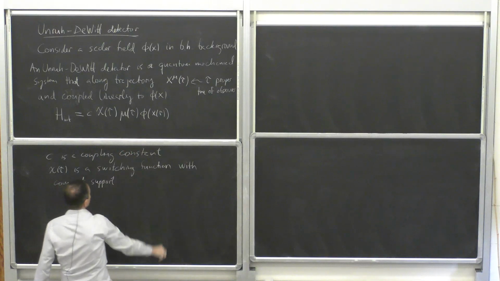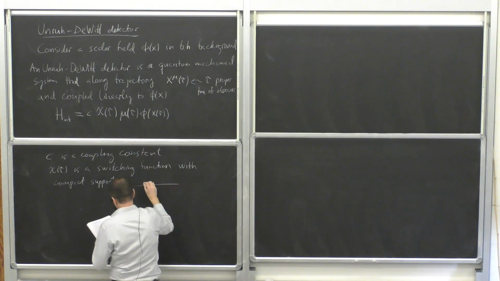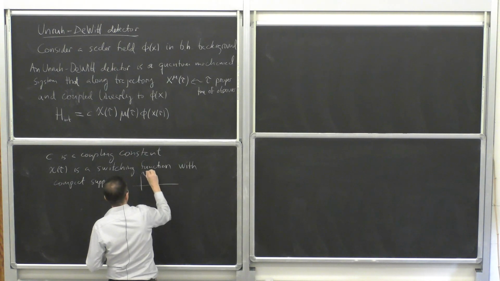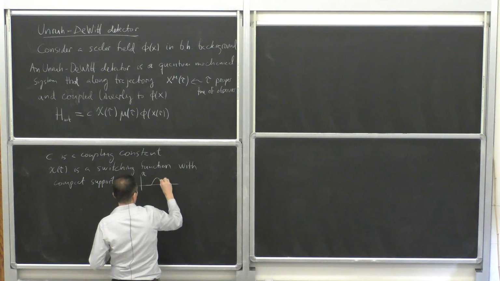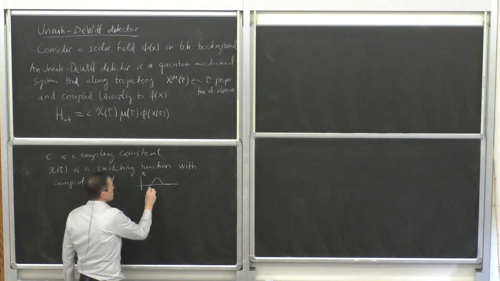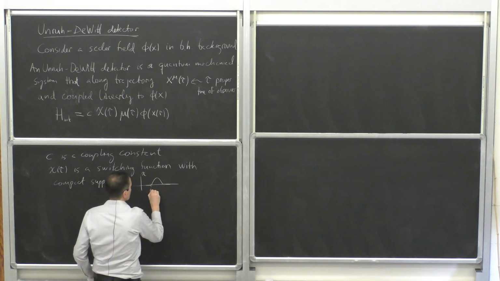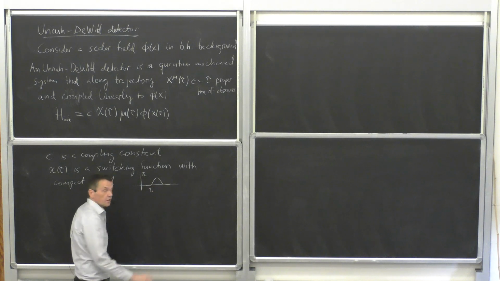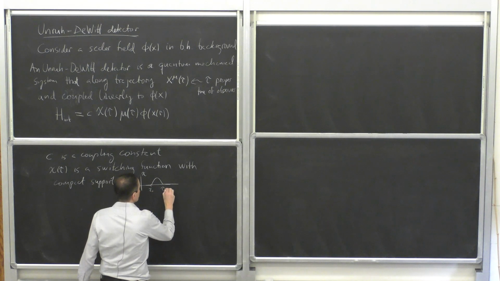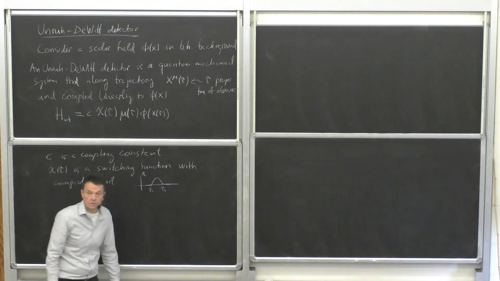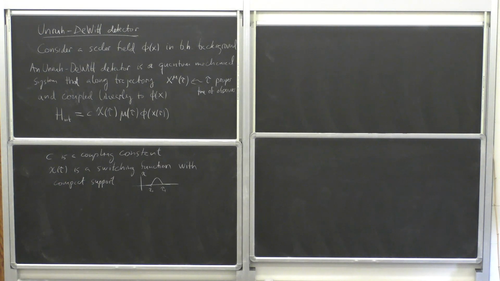So basically, here's our function chi, and it looks something like this. There is some proper time tau 0 when we turn on the detector, and then we turn it off at tau 1. So we want to build that into the formalism.